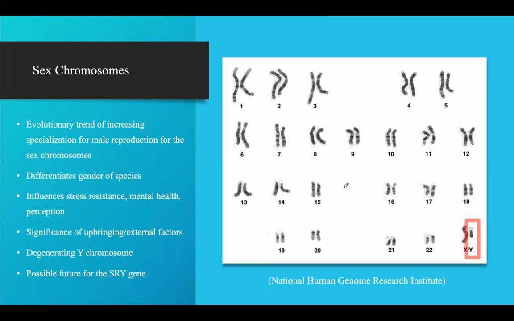The present-day human X chromosome is said to have preserved approximately 98% of genes from the ancestral autosome, while the human Y chromosome has only approximately 3%.